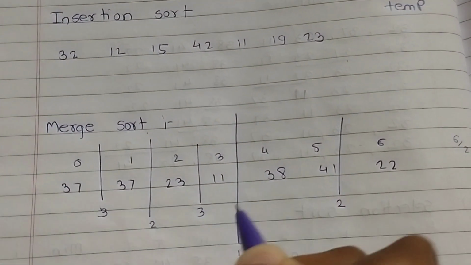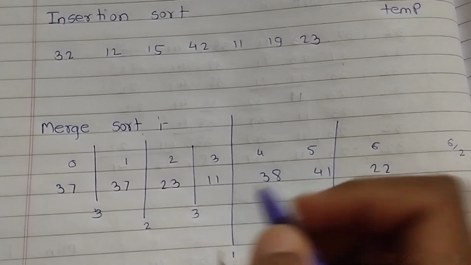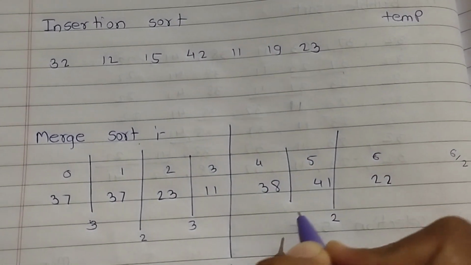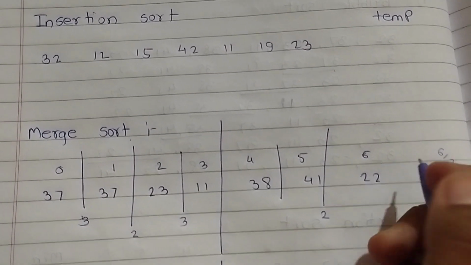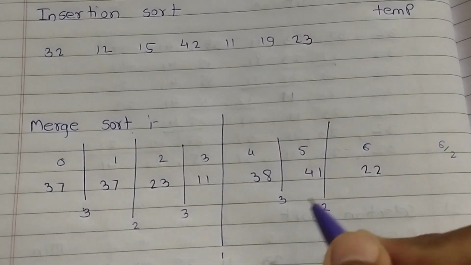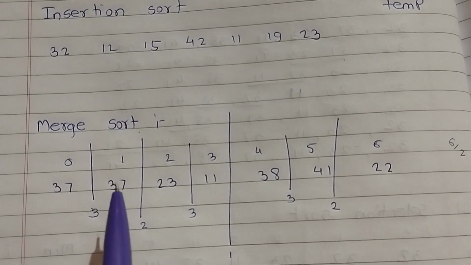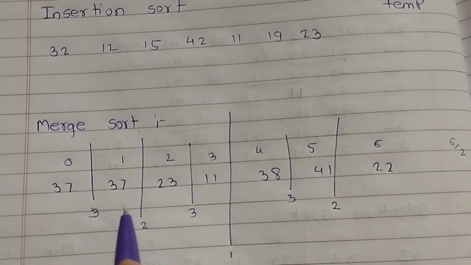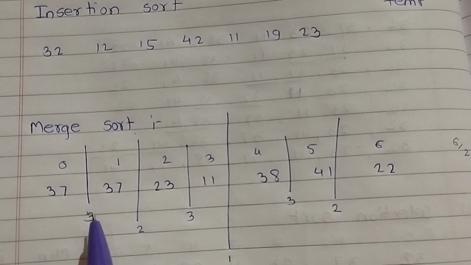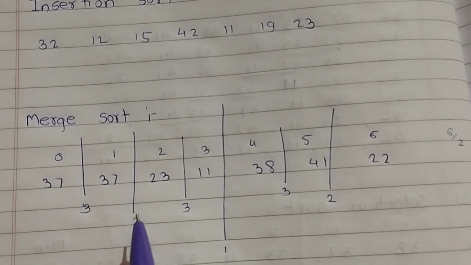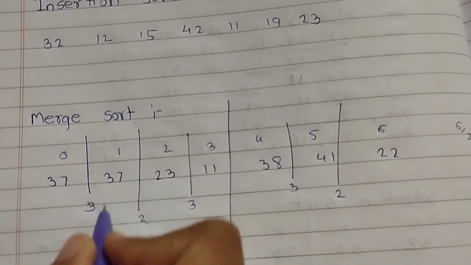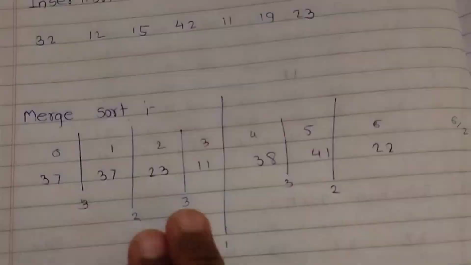So this is the third time we divide. Now 4 plus 4 is 8, divided by 2 is 4, and here no element is remaining to divide. So how do we merge? In the reverse direction: we merge the third division first, then the second division, then the first. So first we merge all the third-level parts.